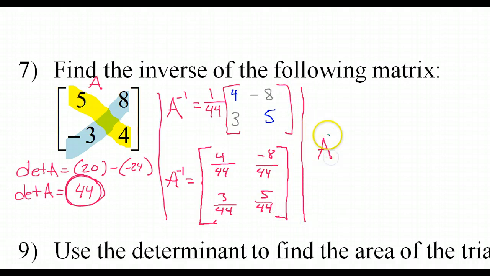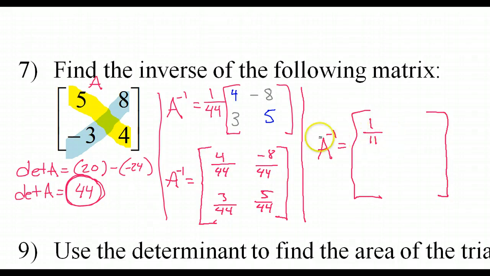So A inverse is going to equal the same thing, I'm just going to reduce these fractions. So 4 over 44 is 1 over 11, and this is going to be negative 2 over 11. 3 over 44 does not reduce, nor does 5 over 44. So this is the answer.